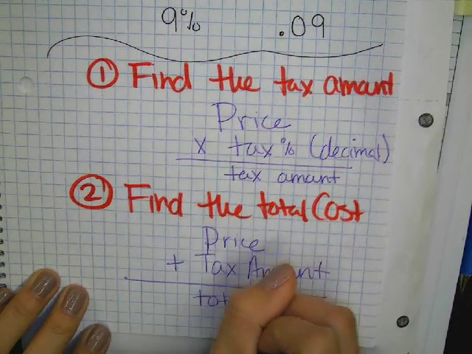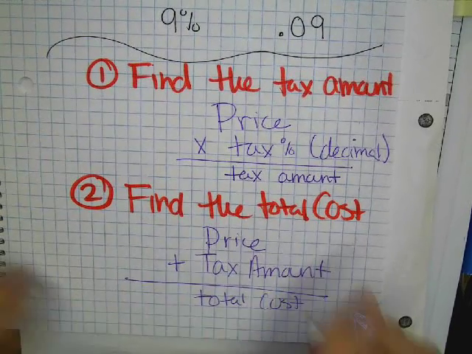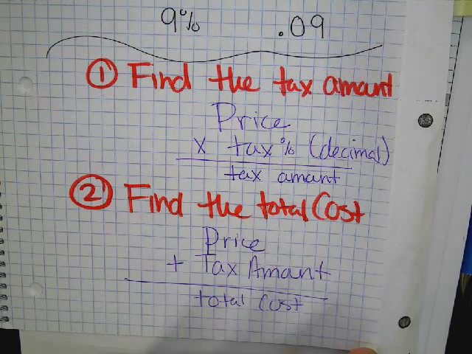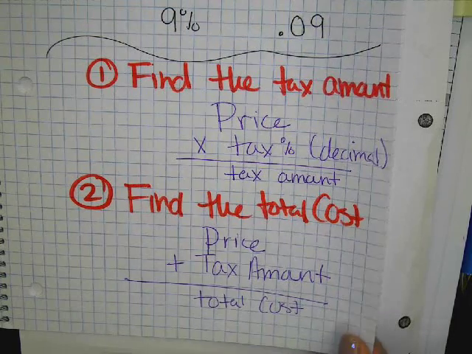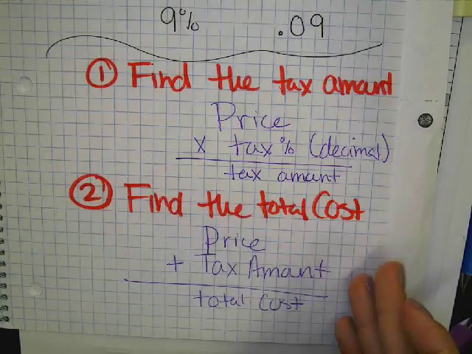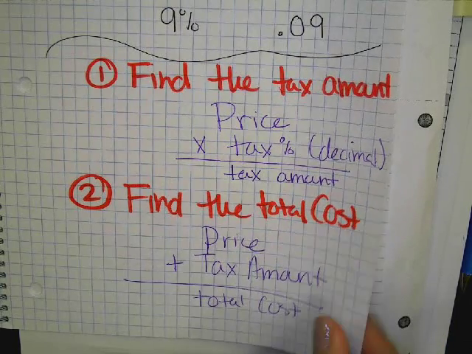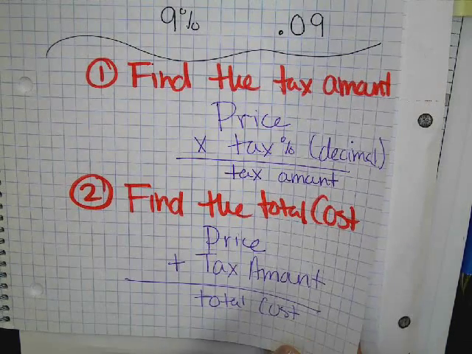This gives you your total cost. Alright, we're good? 2 steps, that's it. Multiply and add. The second one was multiply and subtract.